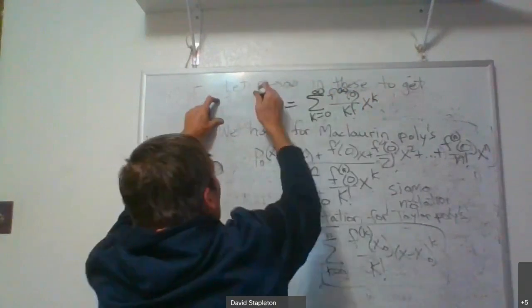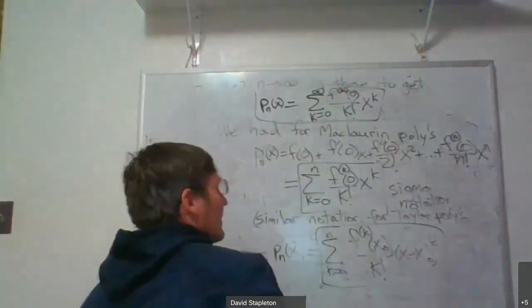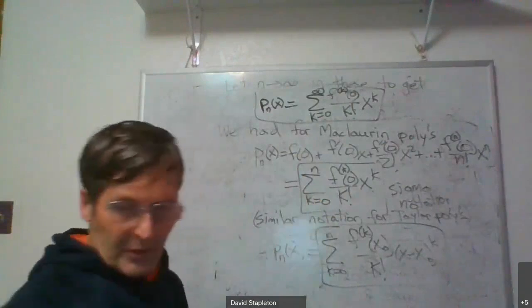For the Maclaurin case, all you do is replace n with infinity. It means take this one, limit as n goes to infinity.